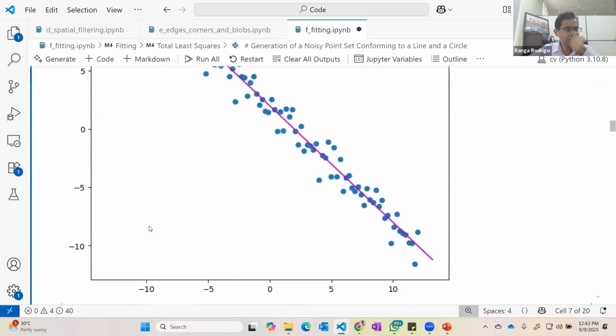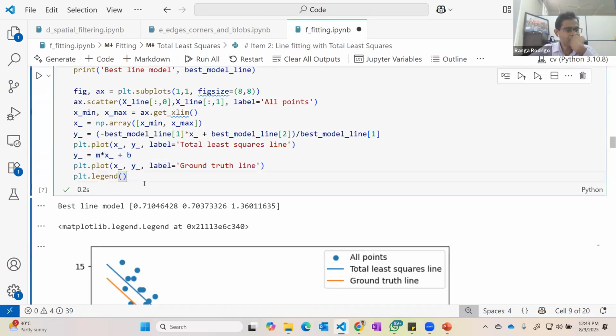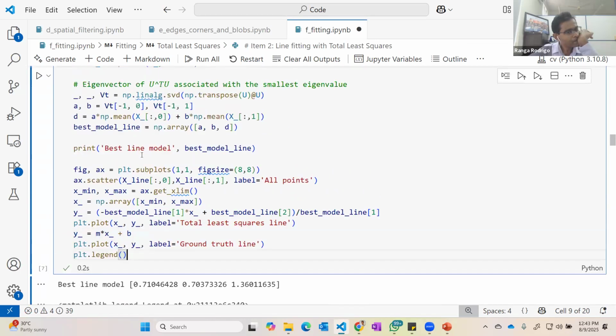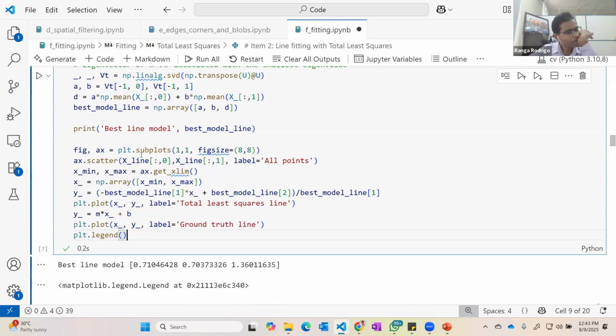So underscore plus B. I cannot find what the problem is.